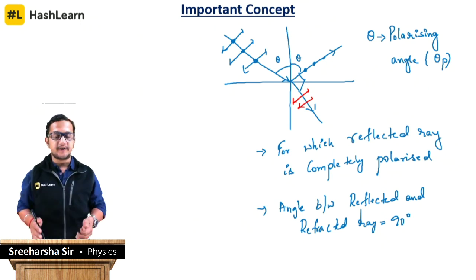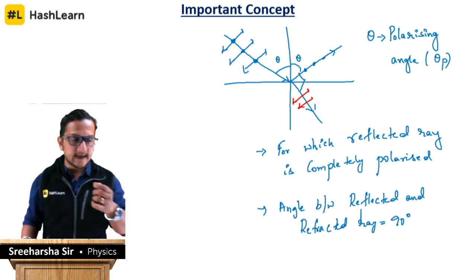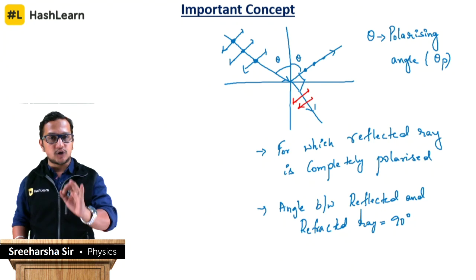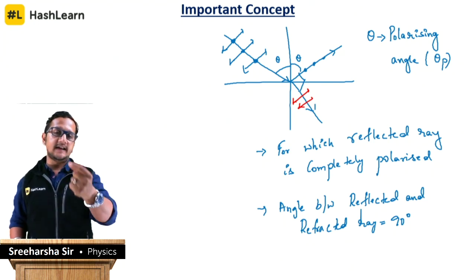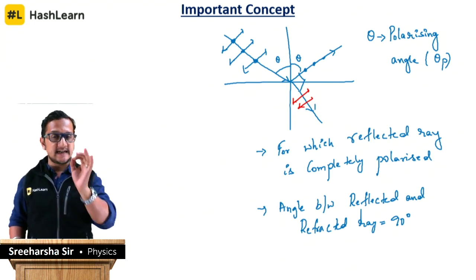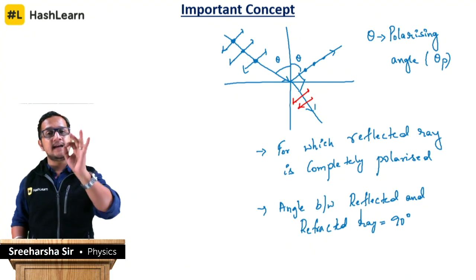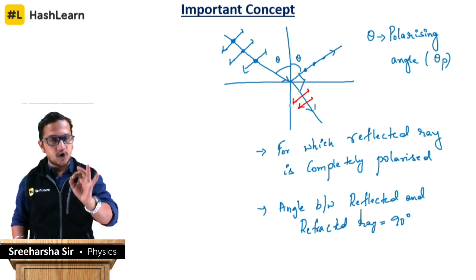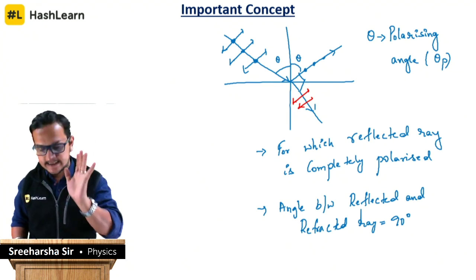So you have to remember this: when the angle of incidence is exactly equal to the polarizing angle, the reflected ray is completely polarized, and the angle between the reflected ray and the refracted ray is always equal to 90 degrees.